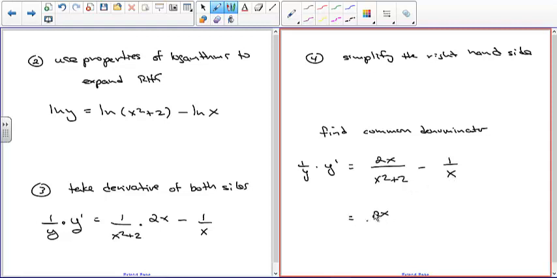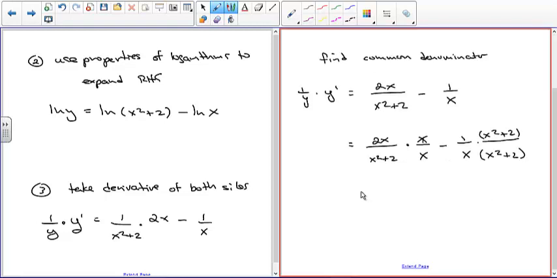So we would take the first term and multiply by the denominator in the second term, so we multiply by x and we divide by x. The second term we're going to multiply and divide by the denominator over here. So now we have a common denominator, which is going to be x times x squared plus 2.